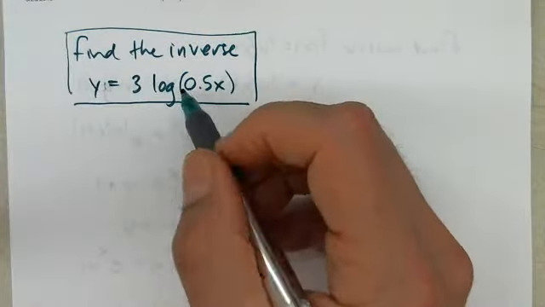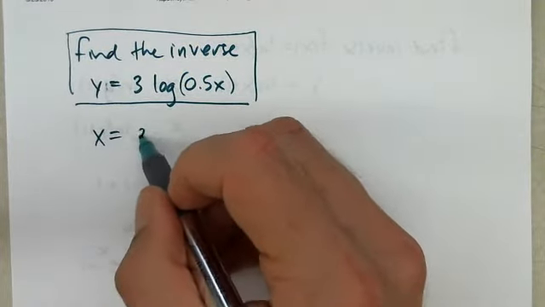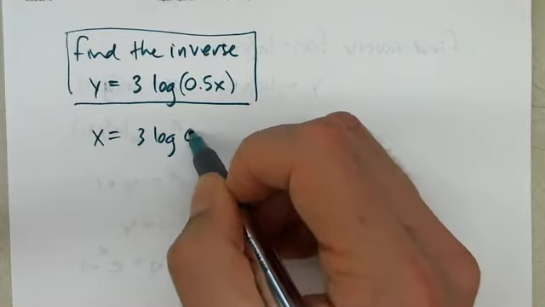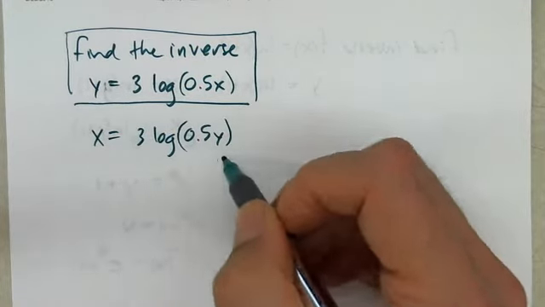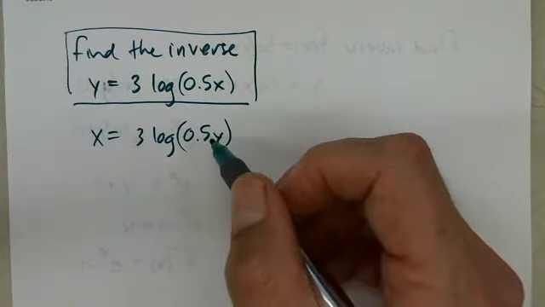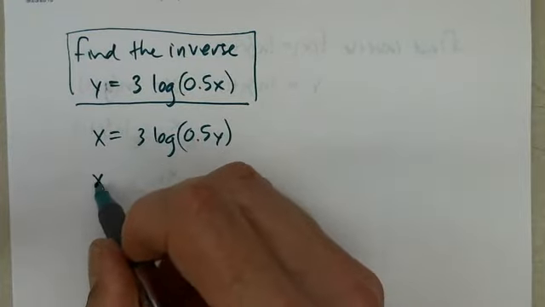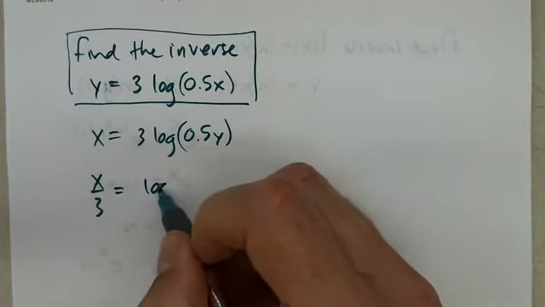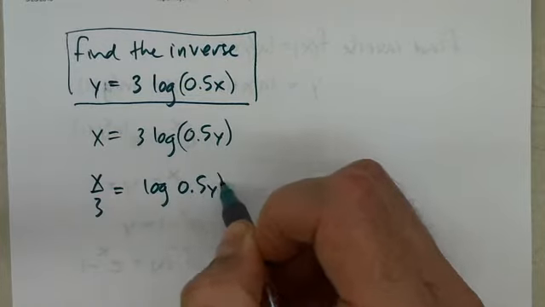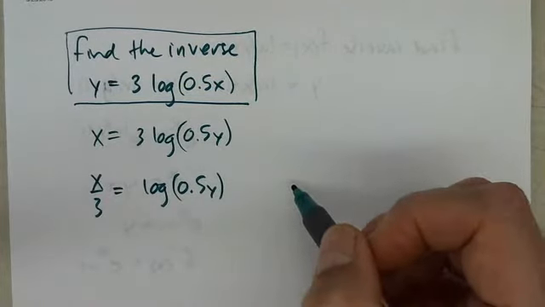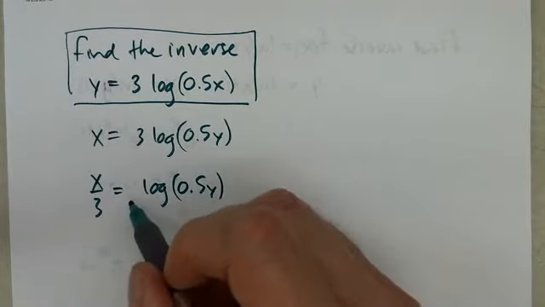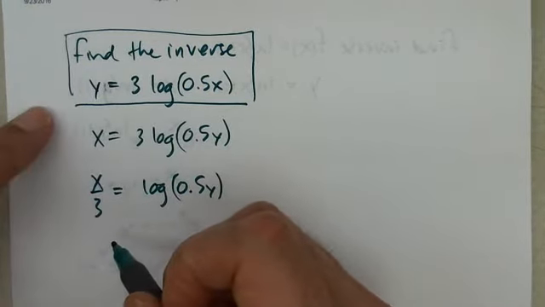So here's the function, and we switch the x and y, and now get y by itself. We'll have to divide by 3. And we don't want the log there, so we'll exponentiate.